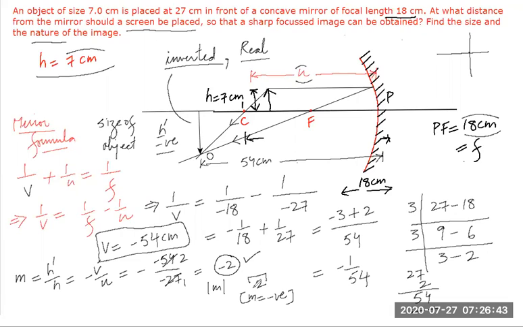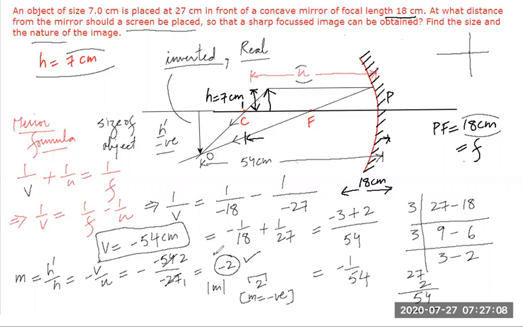The negative sign indicates that the image formed is real. No, negative sign does not indicate that. Negative sign indicates, okay, maybe you can say that, but actually it tells that if the object is above the principal axis, then image is below the principal axis.